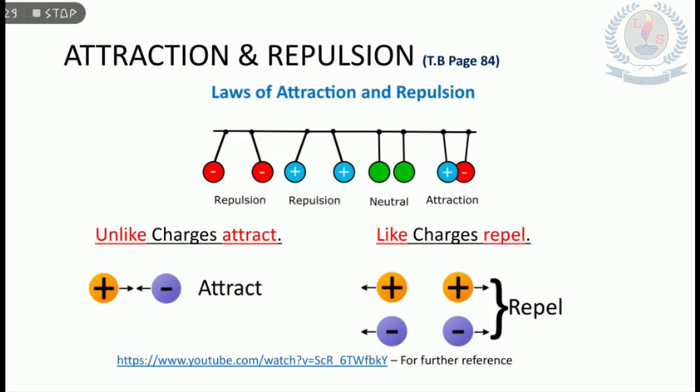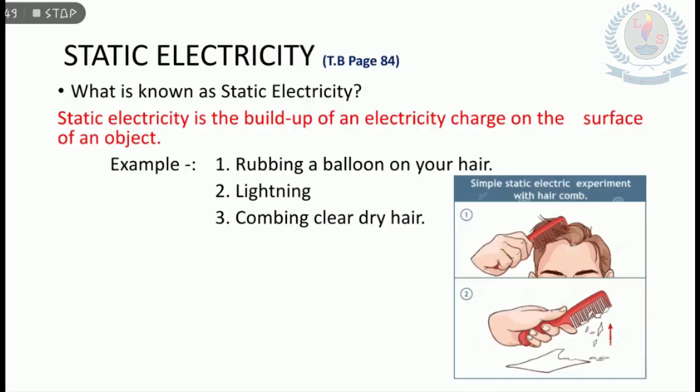So the main important point is like charges get repelled from each other, whereas unlike charges get attracted towards each other, which means they are getting closer. In addition to that, neutral objects neither show repulsion nor attraction.